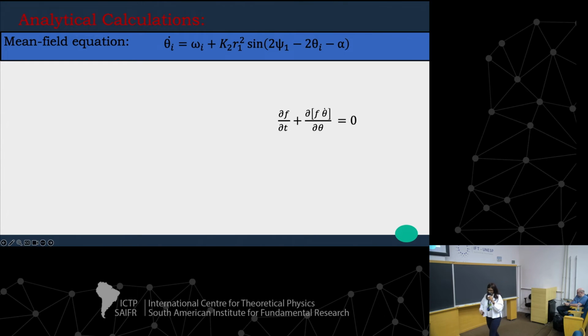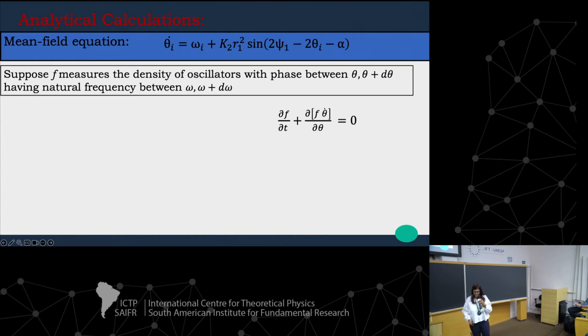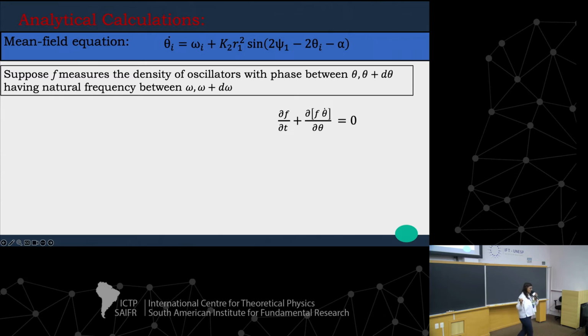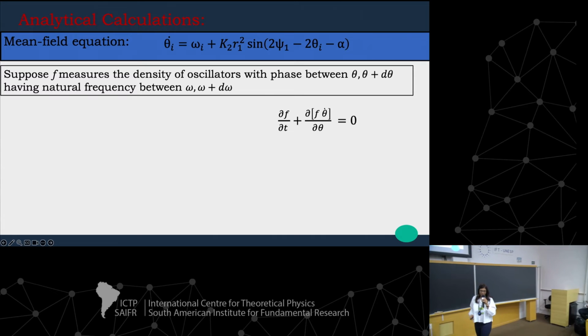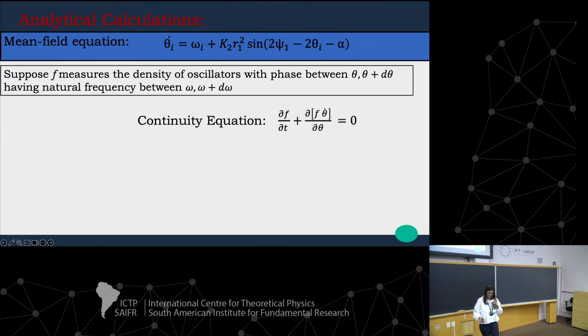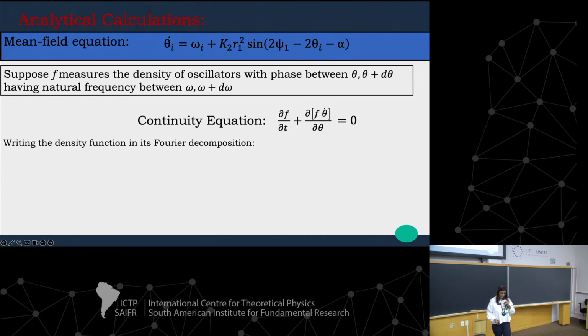This is a simple continuity equation. And F here measures the density of oscillators with phases between theta and theta plus d theta having natural frequency between omega and omega plus d omega. That is the density of oscillators in the very standard form.